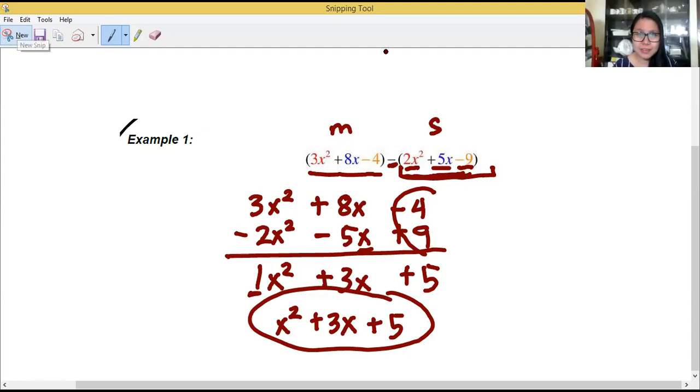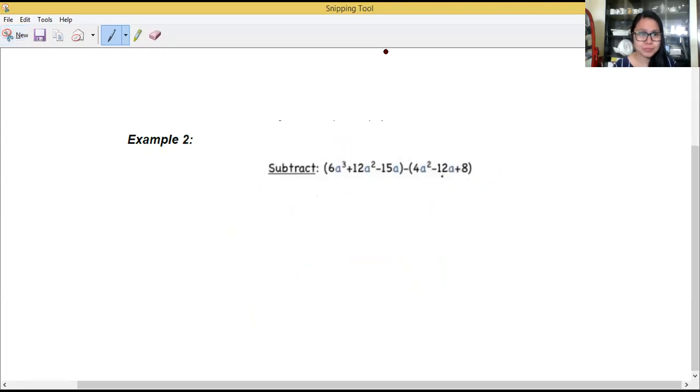Now let's have this example. Subtract 6a cubed plus 12a squared minus 15a and 4a squared minus 12a plus 8. Step 1. Let's copy our minuend.